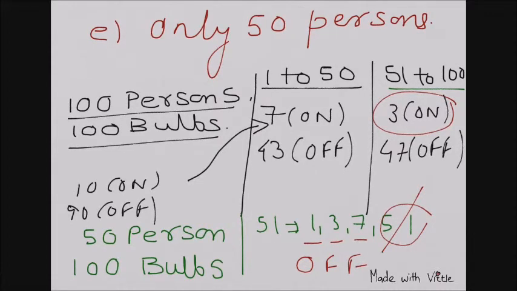This is true for all. So from 51 to 100, that is applicable for every number. Each number will have one less factor because that particular number above 50 will not be present, and so they will have an odd number of factors.